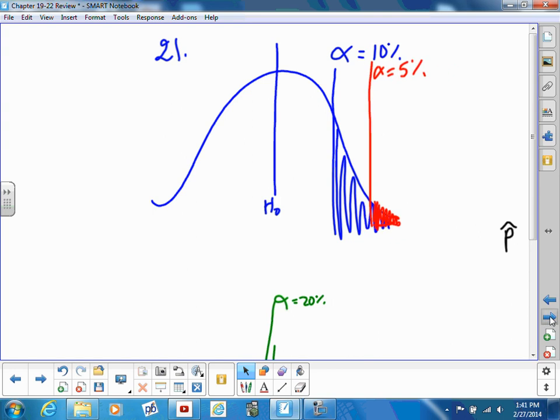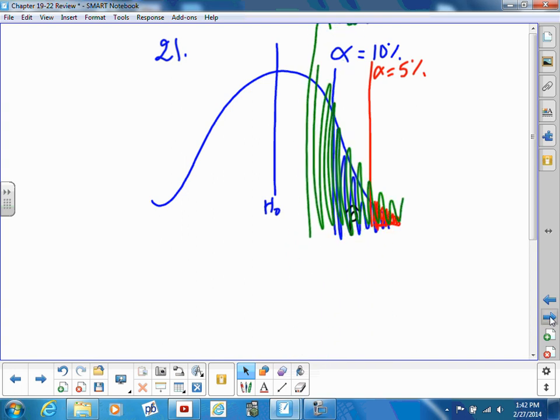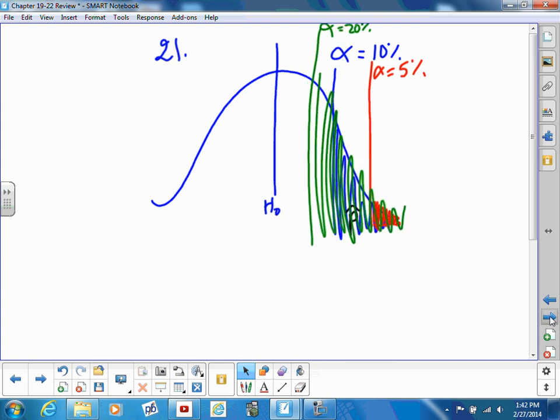So it may end up being in the rejection region, but not necessarily at the 5% alpha level. How about the 20% alpha level? Yes, it will definitely be in the rejection region for 20%. Okay? All right. Good?